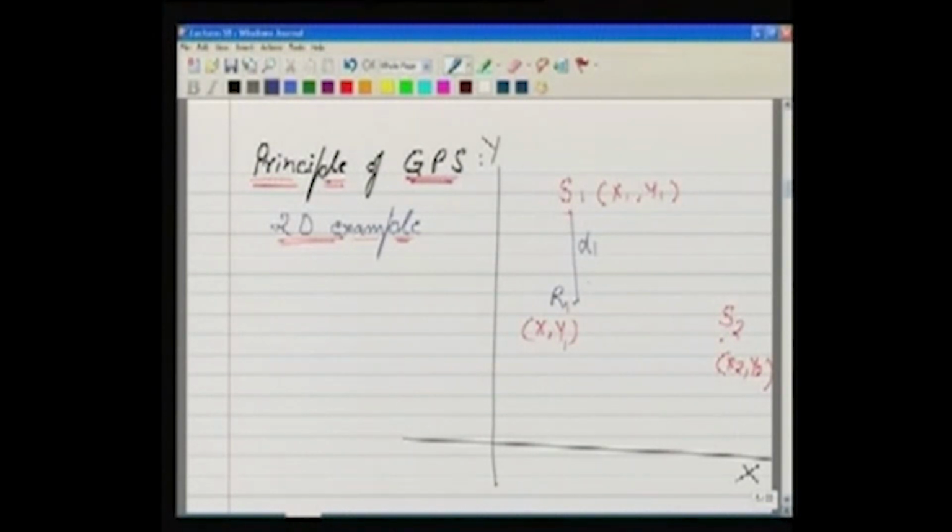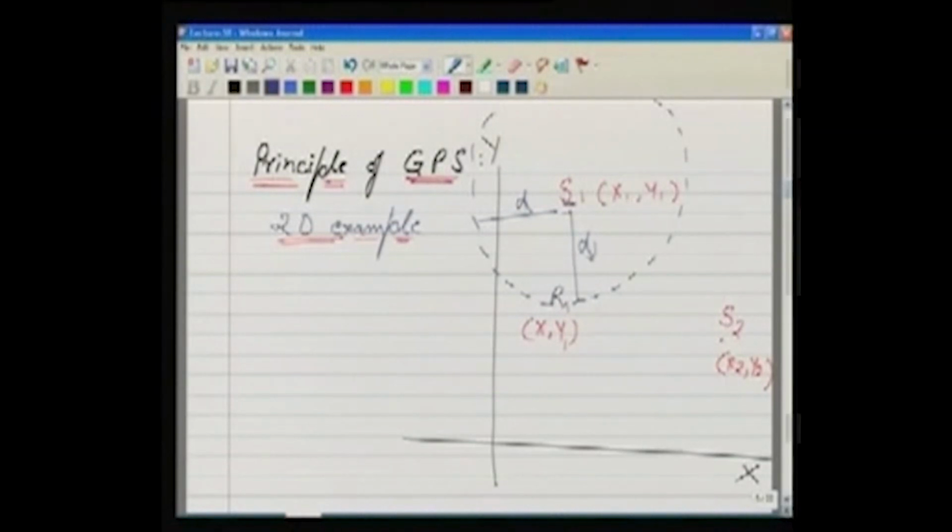If we have only one known point S1 and the distance D1 has been measured, where could our point R be? We know R is at a distance of D1 from S1. So this entire circle is where R could be. We cannot fix the position of R with just one measurement.